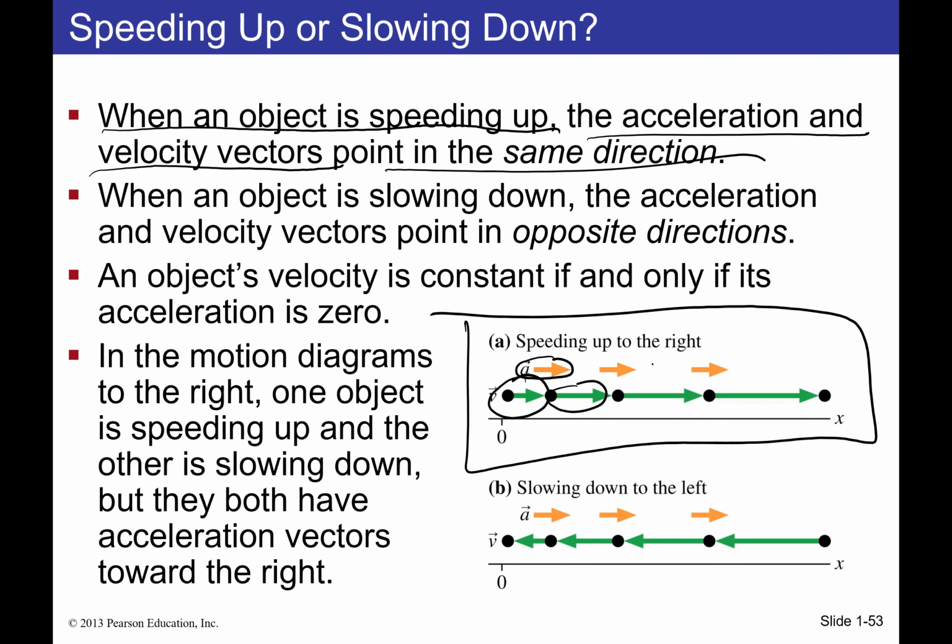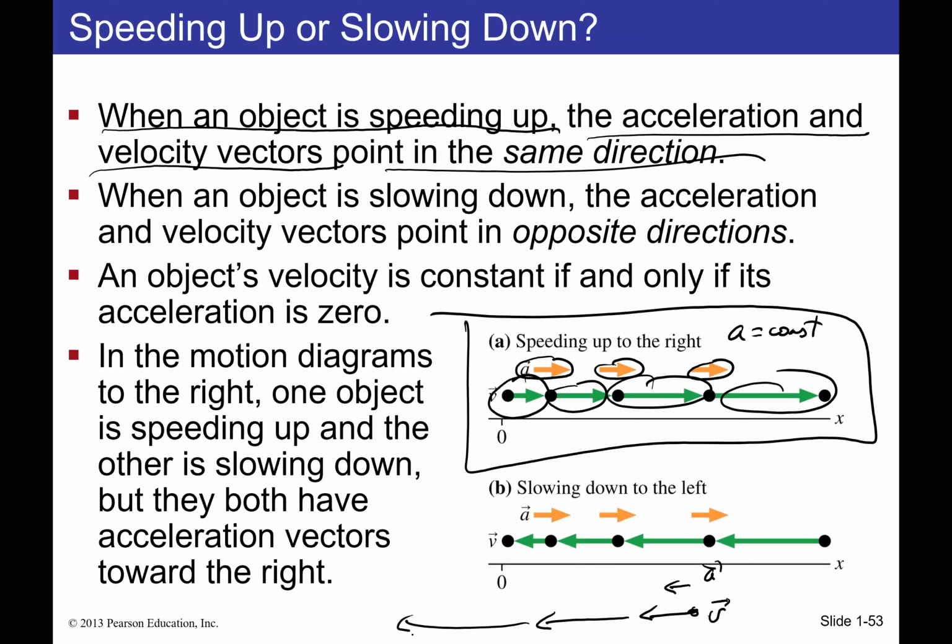Then, assuming that acceleration is constant, that means this acceleration as a vector doesn't change in terms of its magnitude and direction, then you can say that as long as acceleration is in the same direction as the velocity, you're going to speed up. Same thing if you're moving to the left and there's acceleration to the left: this is the velocity vector and this is the acceleration vector, so you're going to be speeding up because acceleration and velocity are in the same direction.